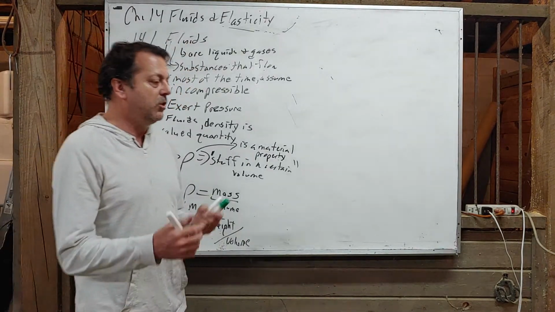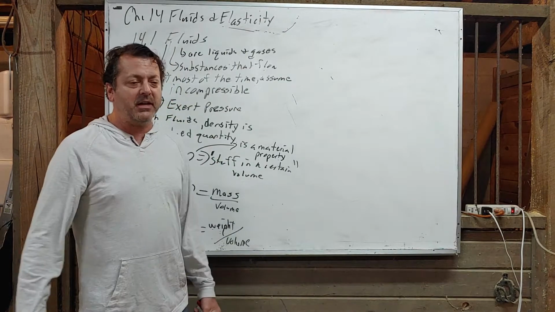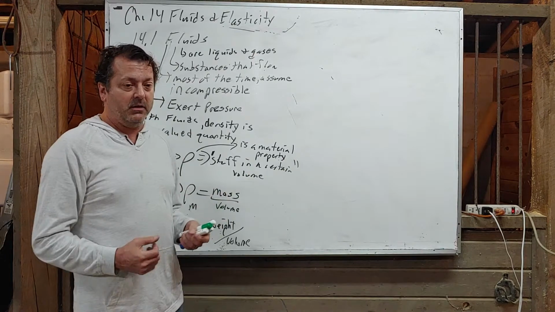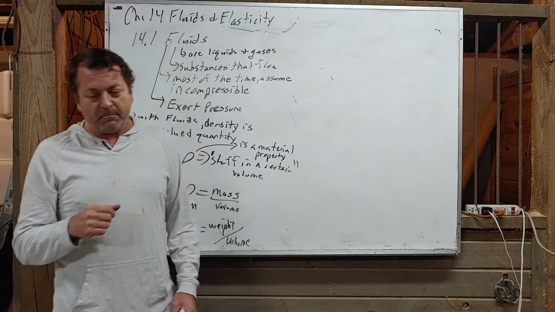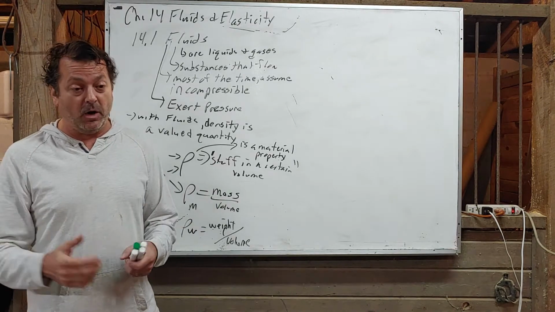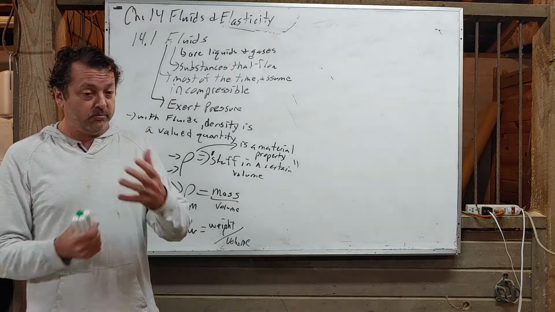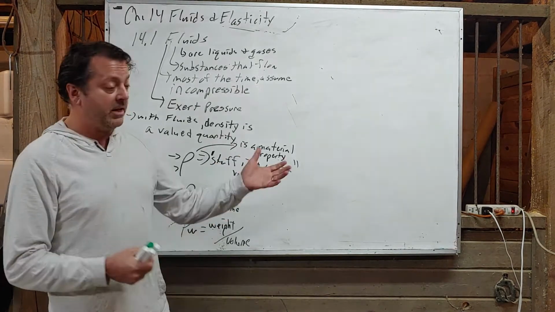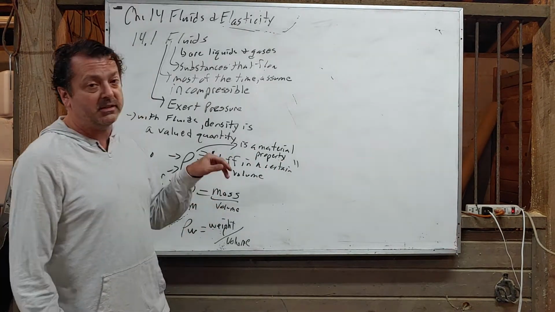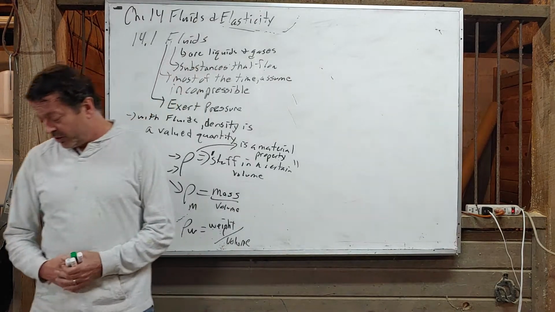So it's something we can use to help us figure things out, because if I've got water, I know I've got this much of it. If I've got mercury, a very heavy liquid, much more dense than water, I know based on a weight or a volume, I can find the other one because I know what the density is. That's what it allows you to do.